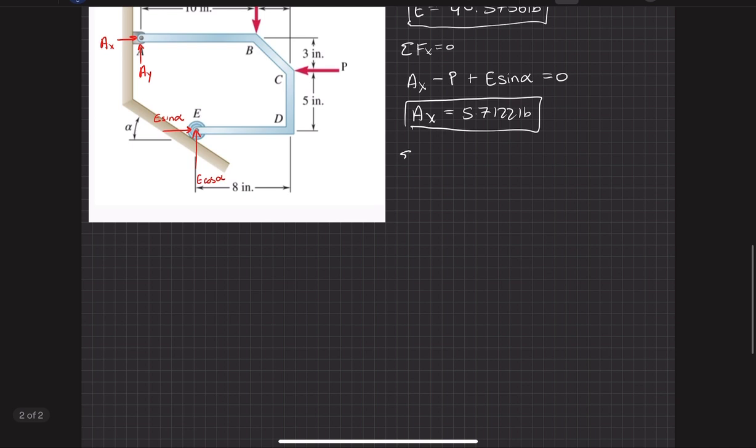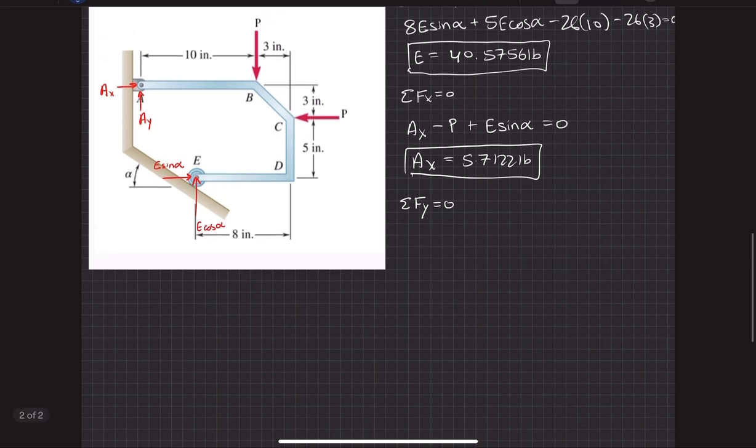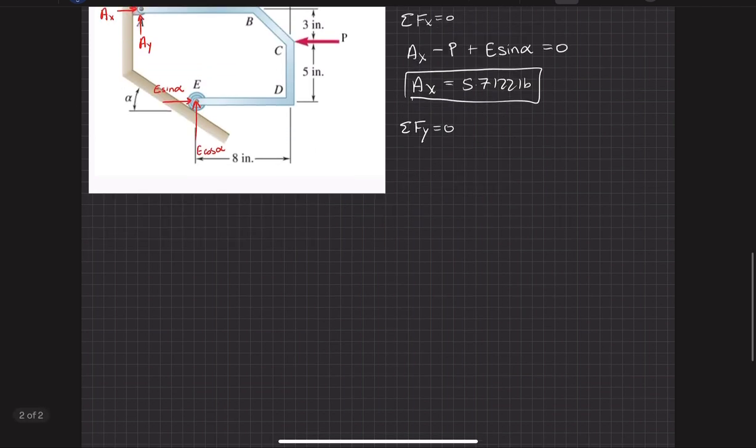We can take the equation for our y component and do the same thing. We can see that we already know P here, and we already know E cosine alpha pointing up. So in our equation, Ay will be positive, minus P, because P is pointing downwards, and plus E cosine alpha set equal to 0. And plugging into our calculator, we'll get Ay is equal to negative 9.1395.